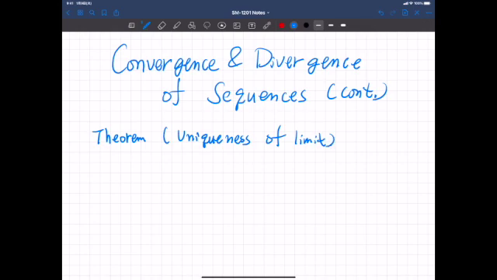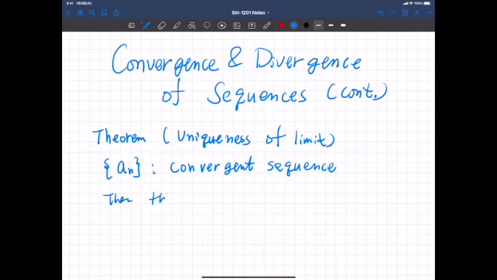Okay, so suppose a_n is a convergent sequence. A convergent sequence means a sequence that converges to some real number. Then the limit is unique.